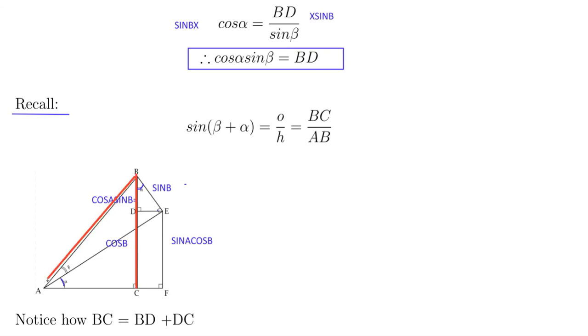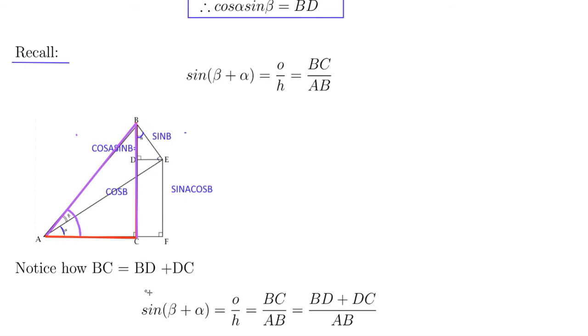Hypotenuse is AB, and sine of beta plus alpha is therefore, analyzing this triangle in particular, the opposite of it is there, nice bright purple. There's the opposite of that triangle. There is the hypotenuse of that triangle. And finally, we have that as the angle, alpha plus beta or beta plus alpha. And so we've been more specific. Opposite BC, hypotenuse AB, labeled.